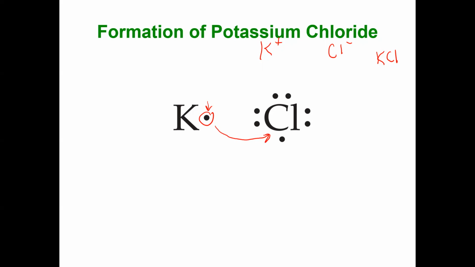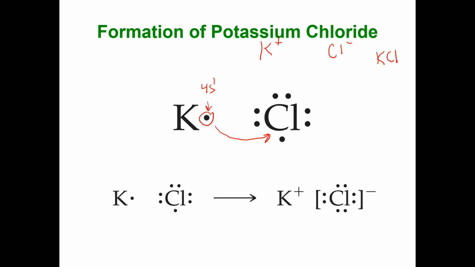And potassium's happy to lose this 4s1 because now it can drop down to its 3rd energy level and be stable. And once it loses its 1 valence electron, potassium now becomes like argon. And we see this.